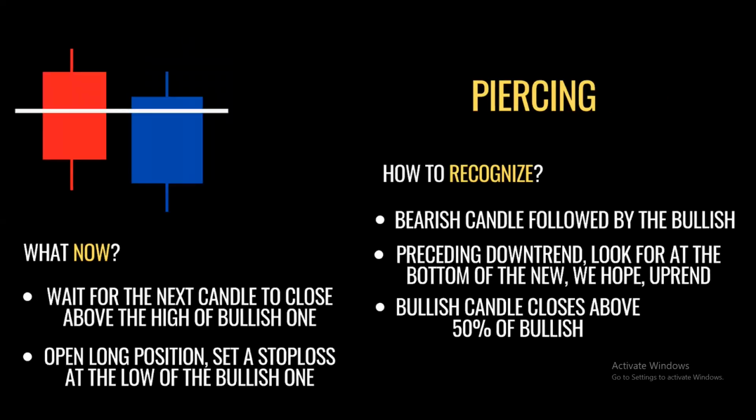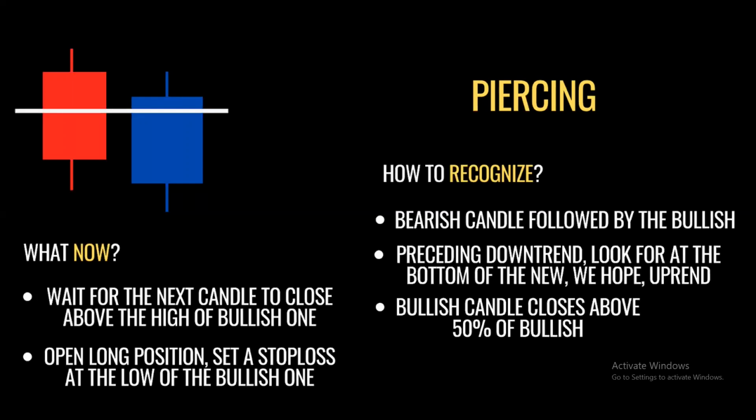So number 4, I think number 4 or 5, we have the piercing. Piercing is pretty easy to understand as well. Basically, we have the bearish one followed by the blue one. In this case, the composure is very, very important, because we need to have our bearish candles first, and then we need to have our bullish candles, right? So the bullish candle closes above 50% of the bearish candle.